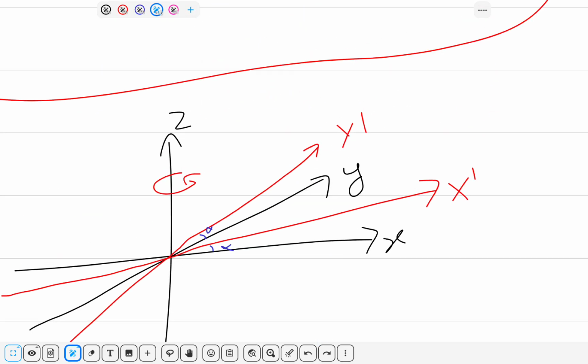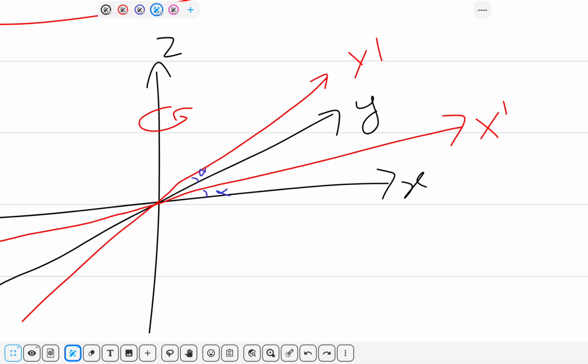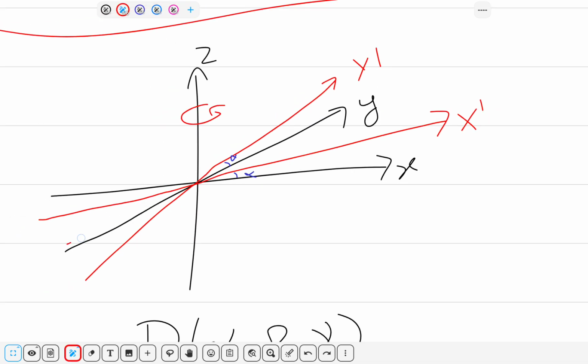You take the new y axis, and about this y axis you rotate again. This axis remains as it is because you are rotating about it, and you rotate by an angle beta. So it will be something like this.